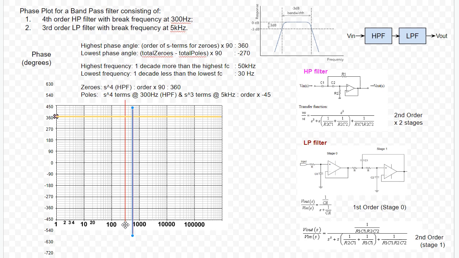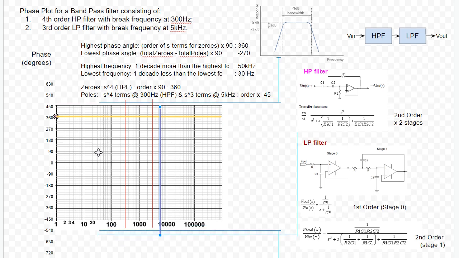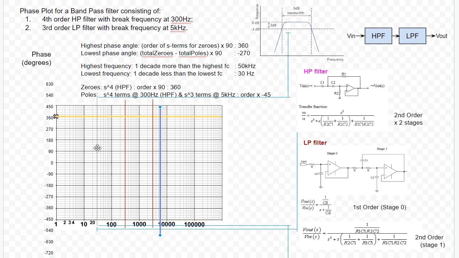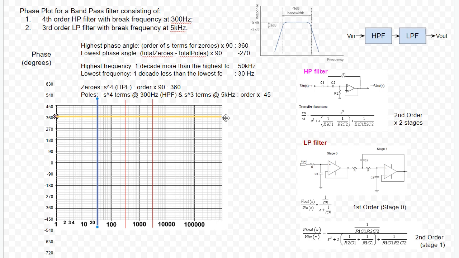So this is 300, so therefore 1 decade more is going to be 3,000. So 1,000, 2,000, 3,000, that's over here. And then 1 decade less than 300, which makes it 30. So we put a marker here. That's 30.